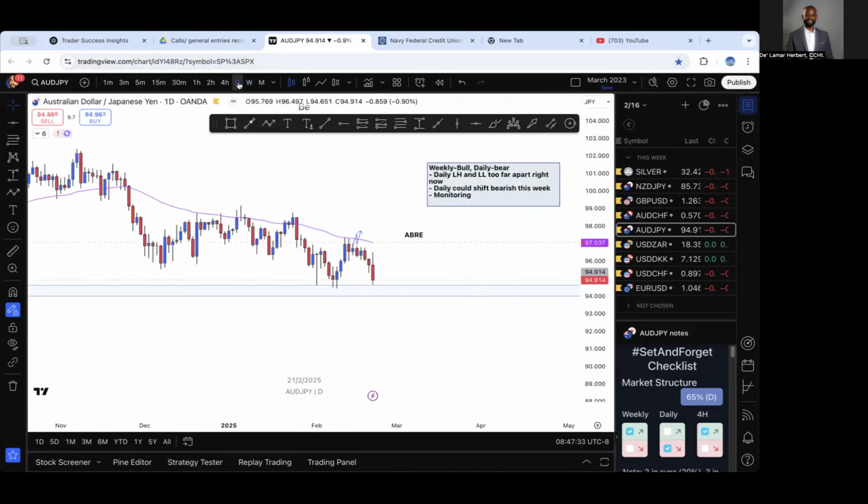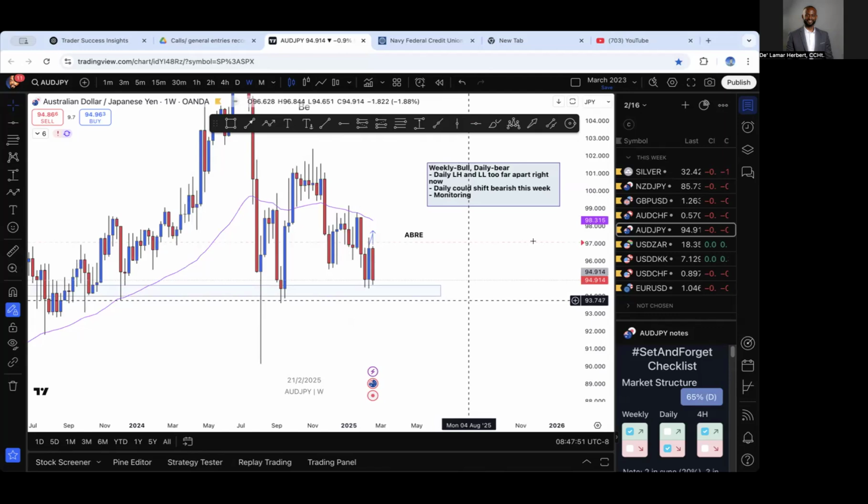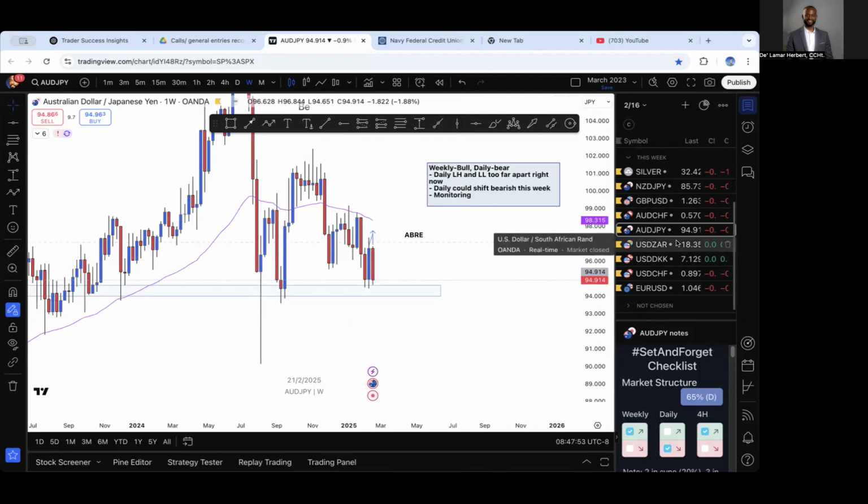Okay. So what it could do is make a break. It can do something really quick, like this, and then daily makes a break and then we take buys from there. But right now we don't know that. It's not in sync. We do know that price is at the AOI. Just monitor it.